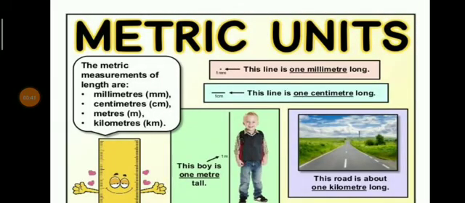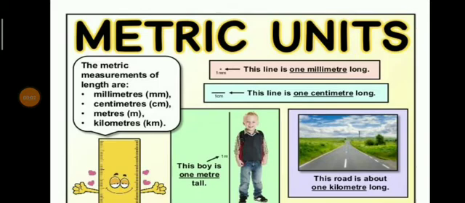Students, the metric measurements of length are millimeters, which is denoted as mm, centimeters, which is denoted as cm, meters, which is denoted as m, kilometers, which is denoted as km.